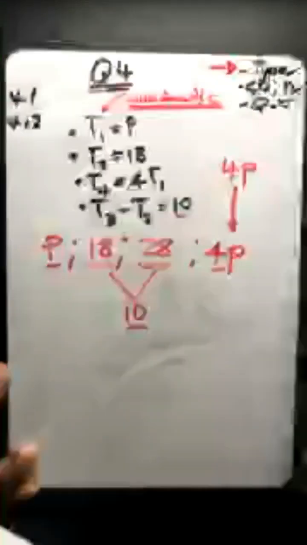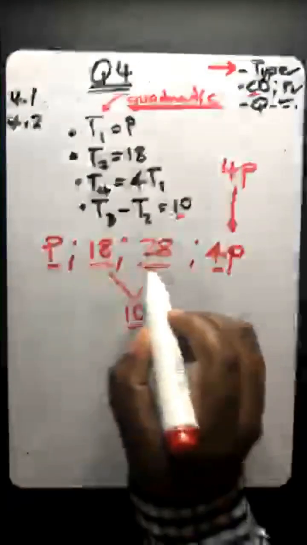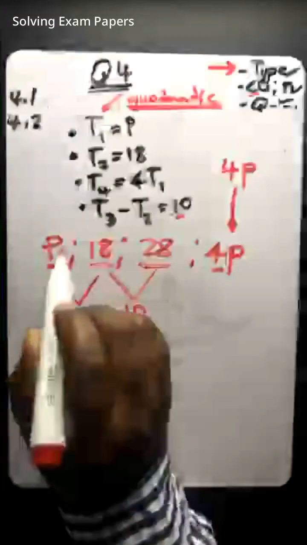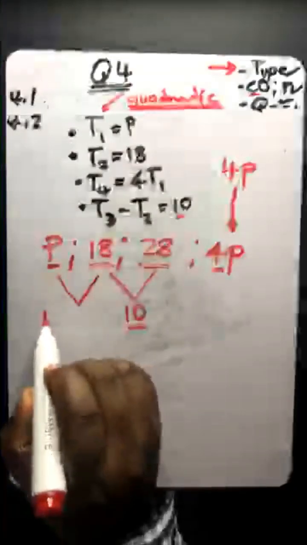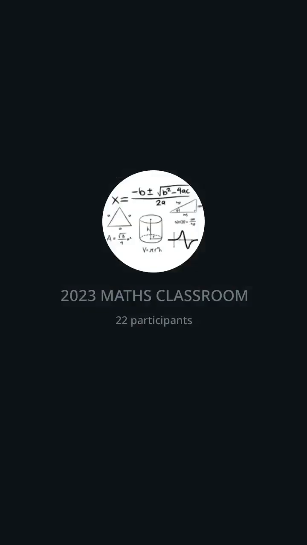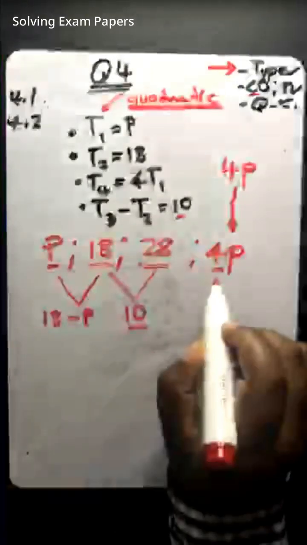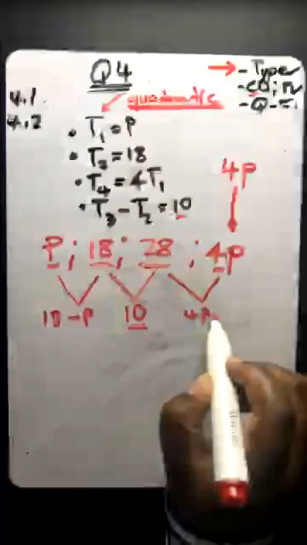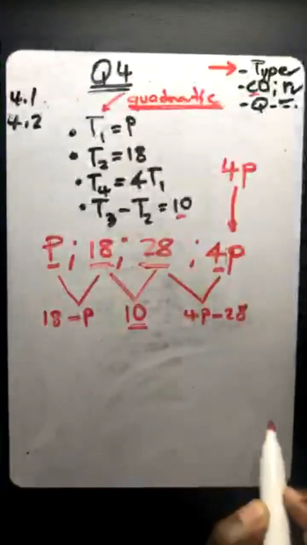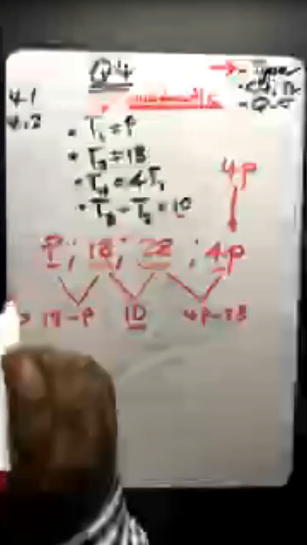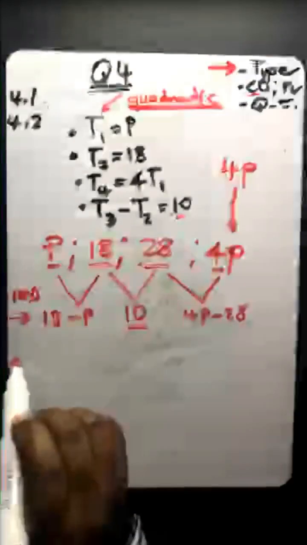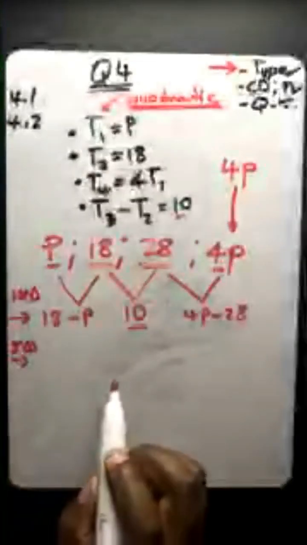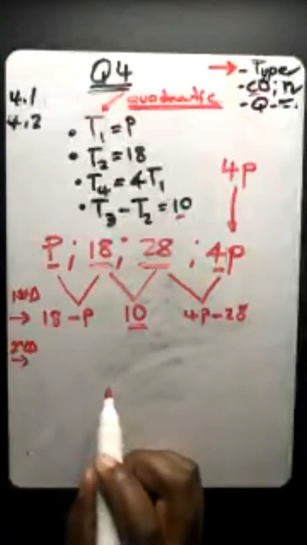So now that you know that when you say that minus that, it gives you 10, do you guys also agree that under that type of pattern you also have 18 minus P, and 4P minus 28? But you do know very well that this is your first difference. You still need to find the second difference that you're going to use to answer the questions.